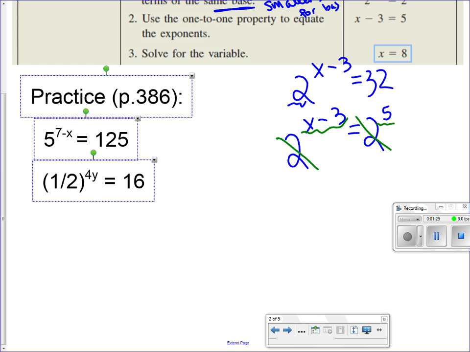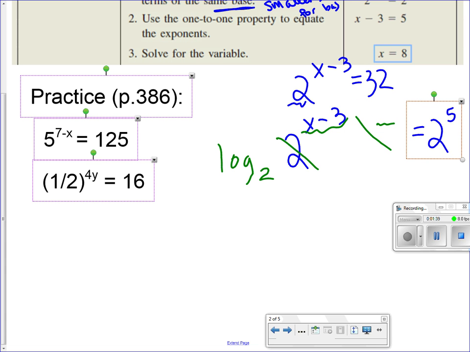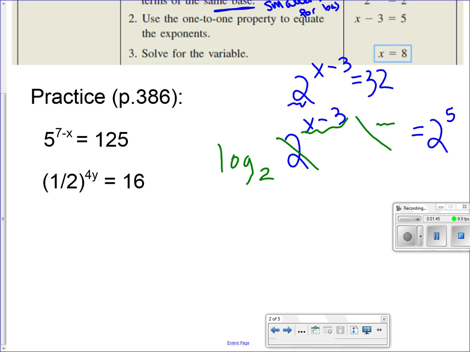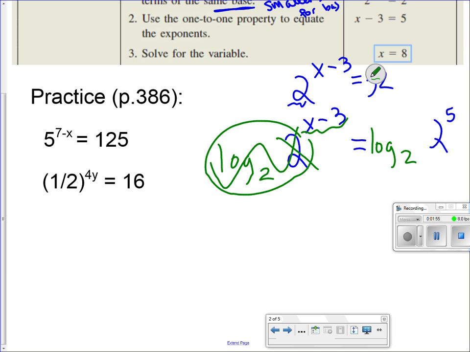Technically what's happening here is you're taking a logarithm. You don't have to write this, just so that you understand what's happening. You're taking the logarithm of both sides. I'm just going to adjust this here. Still equals. I just slid it over so that I can write log base 2. And log base 2 of 2 is what is canceling out.